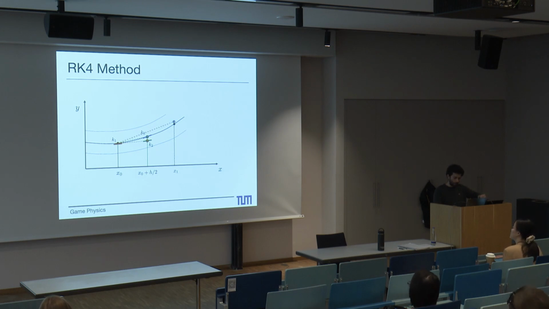And then finally we get K4 by performing a full step prediction, and we get, let's say, the approximated slope there, and then the final result is just putting everything together in this formulation that we find here. So in general, Runge-Kutta methods.